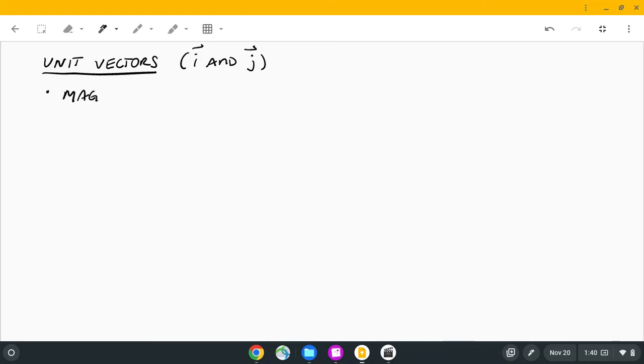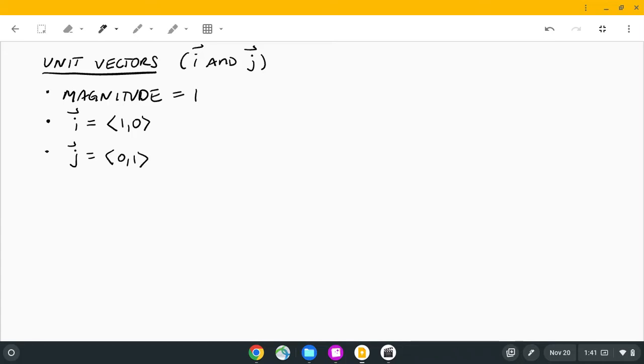Magnitude equals 1. And so here the I vector is the vector in standard position that goes out to the point 1, 0. And the J vector is also in standard position and goes out to 0, 1.